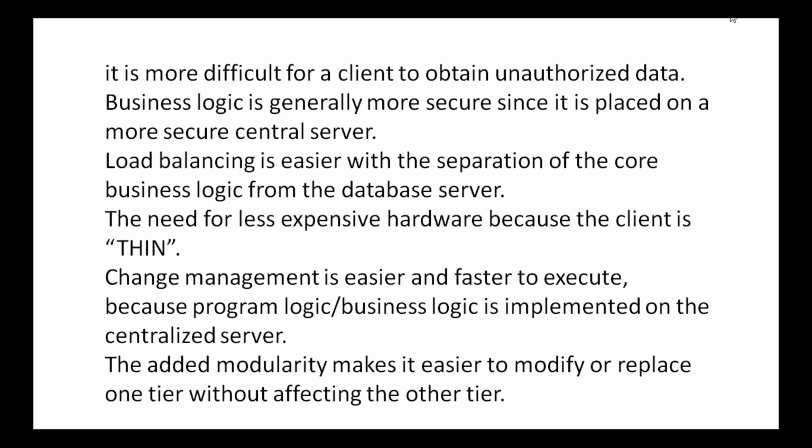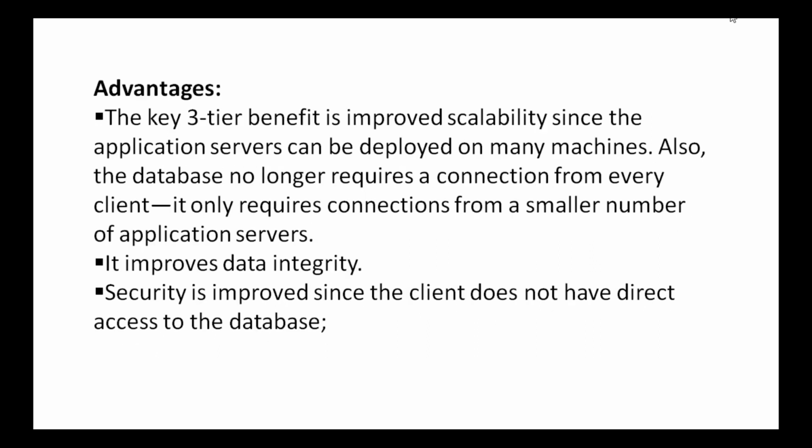And already I have told you, tiers are independent modules or independent layers that perform a unique functionality. So we can modify or replace one tier without affecting another tier. This is one of the main advantages of three-tier architecture.